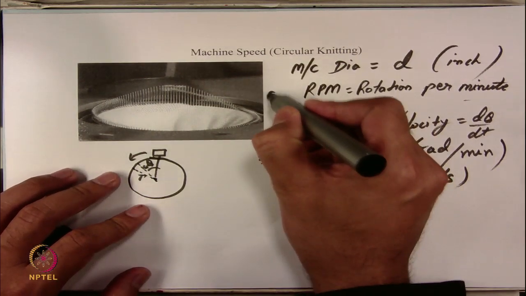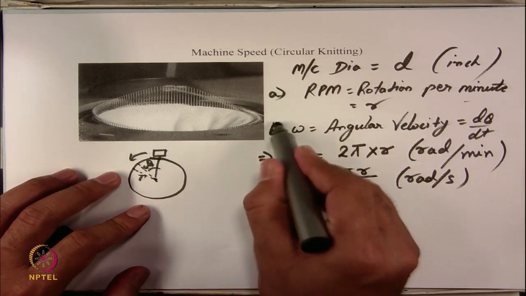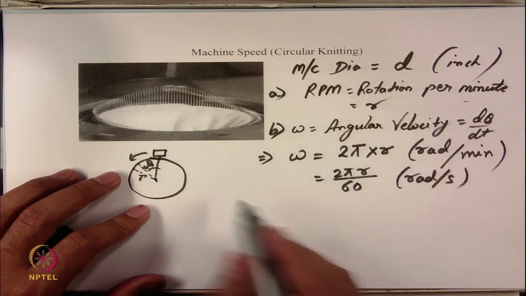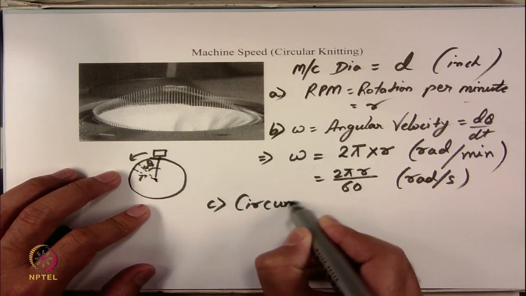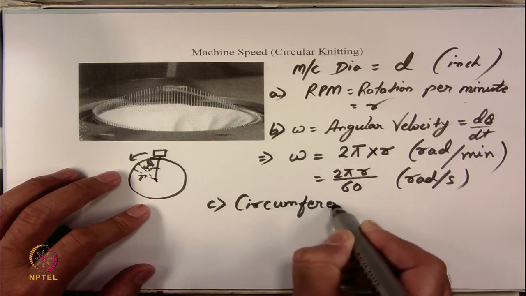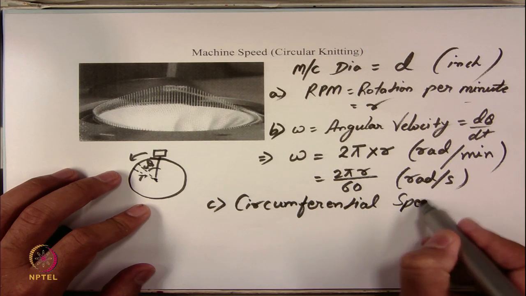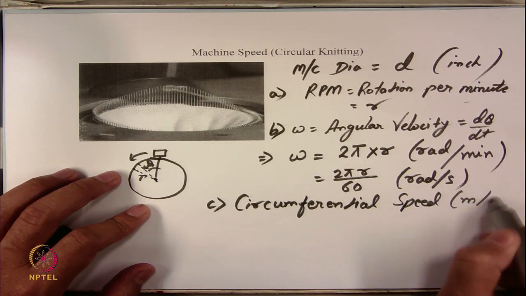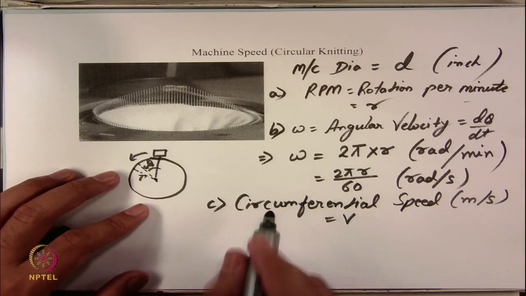So, one speed which is used is RPM, the second speed is angular velocity, and the third speed is circumferential speed, which is generally expressed in meter per second. This is V, expressed in meter per second.